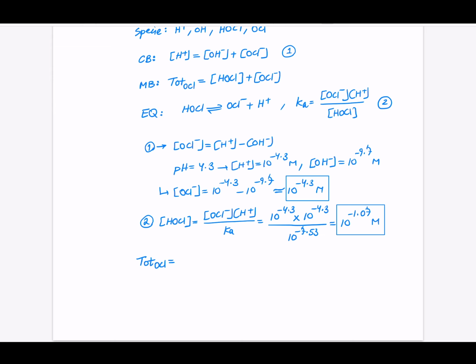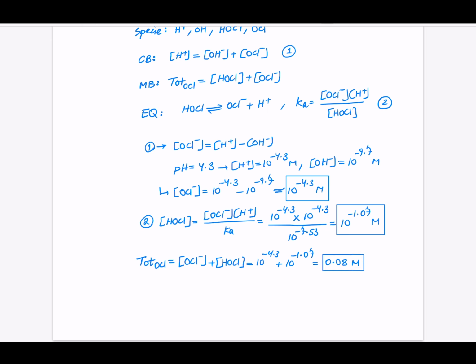So total OCl would be, as we mentioned, OCl minus plus HOCl. Then this would be 10 to the minus 4.3 plus 10 to the minus 1.07, which should be 0.08 molar.